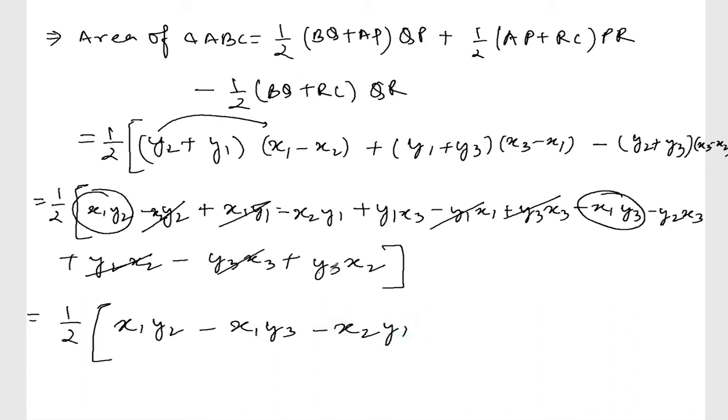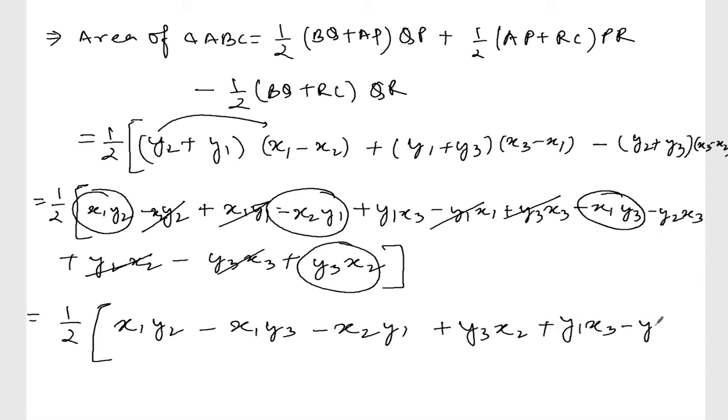Okay, next let me write down plus Y3 X2, this one and this one written down. Next Y1 X3 and Y2 X3, so minus Y2 X3. So this one and this one done, right?